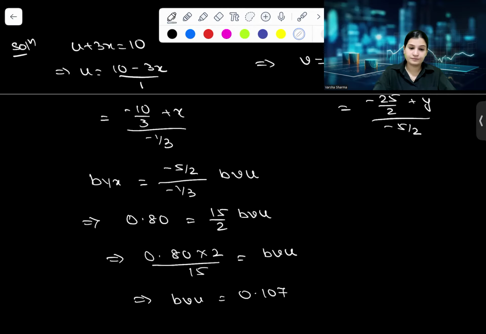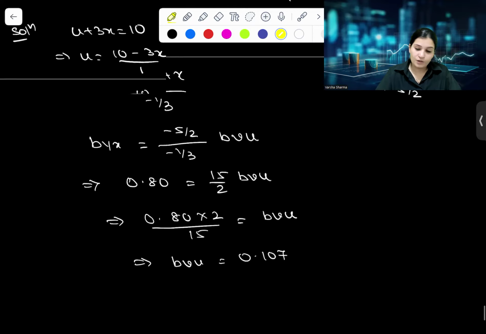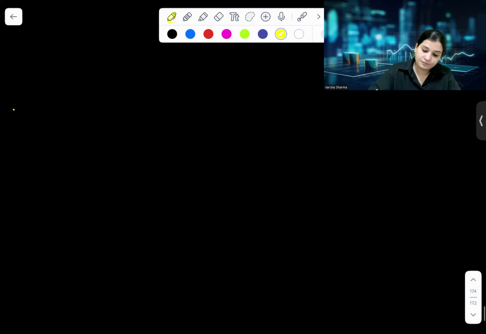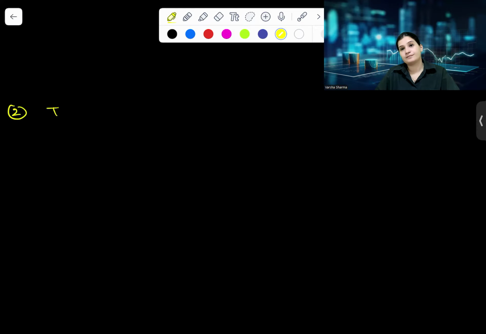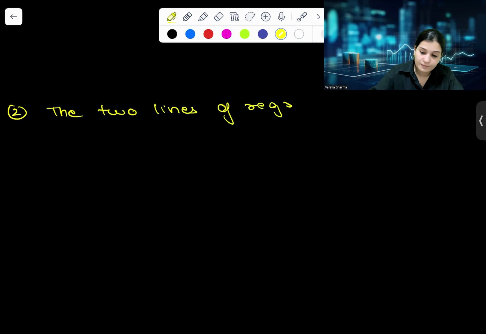Is it okay? Question number 2. How many lines of regression are there? Two. There are two lines of regression. The two lines of regression meet at x bar, y bar.